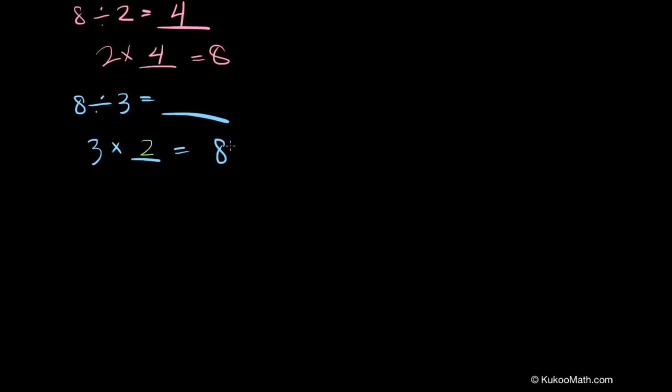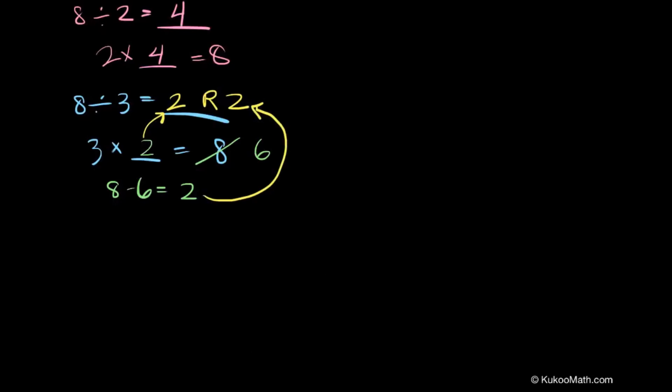And 3 times 2 is 6. Now, to calculate the remainder, what we do is 8 minus 6. The remainder is 2. So our answer is going to be 2, remainder 2. And this answer comes from, here's the answer, and here is the remainder.